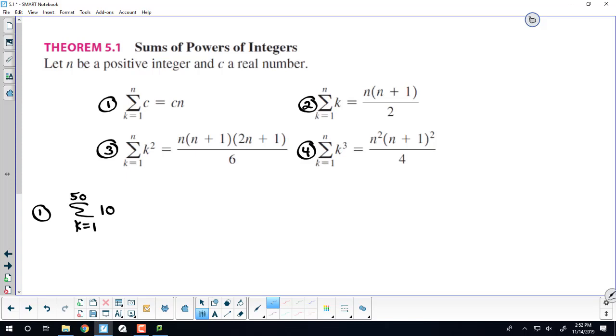When k equals 1, you get 10, plus k equals 2, 10. So you've got 10 plus 10 plus 10, 50 times is how we're interpreting that. So that's just 50 times 10, n times c.